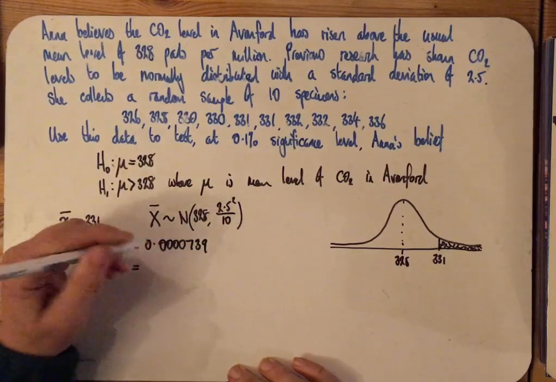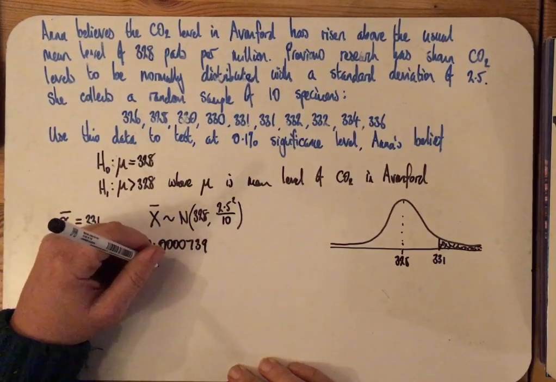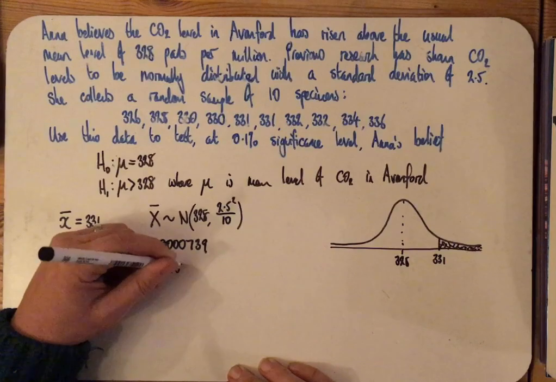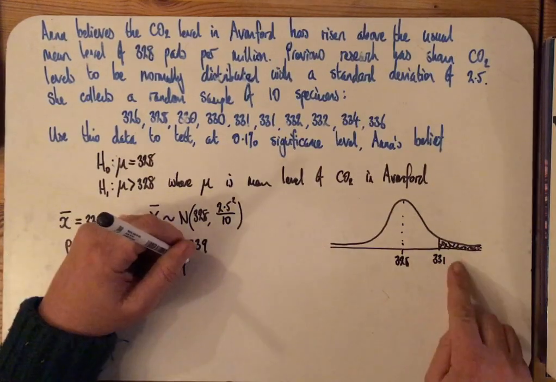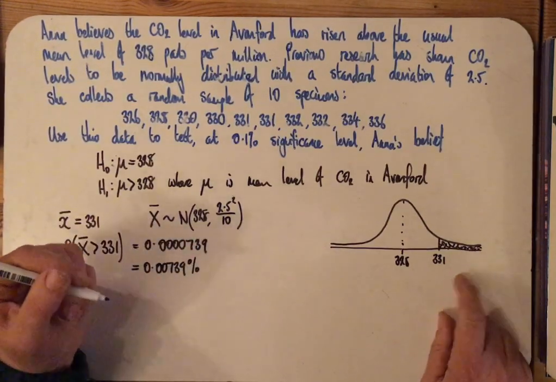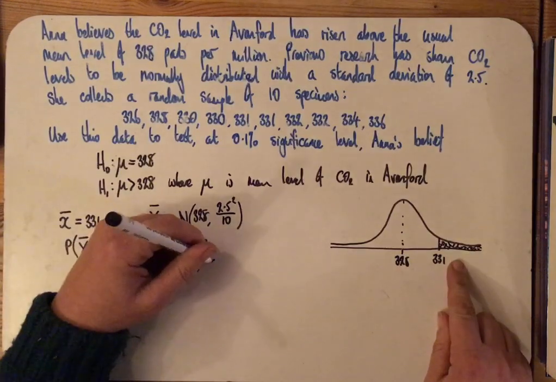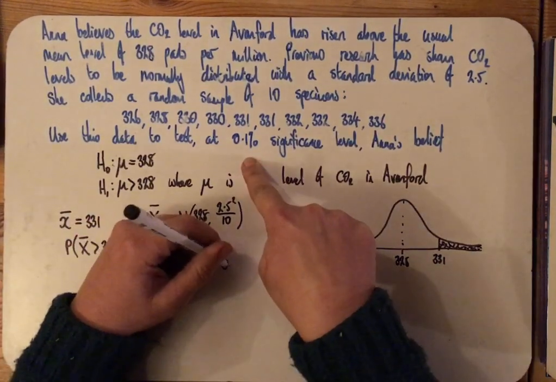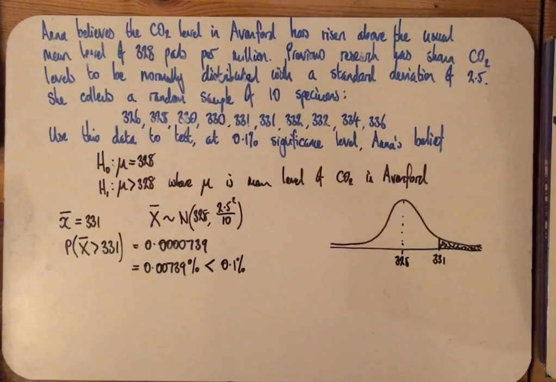As a percentage, I'm going to times that by 100. So it's a tiny probability of being in this tail. And the key thing is this probability is less than the significance level.